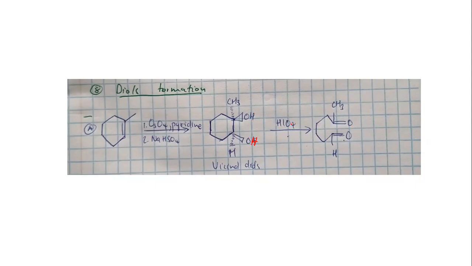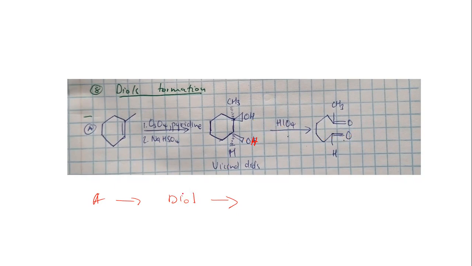So you need to know that if I have an alkene to a diol, what did I use over here? If I used osmium tetraoxide, pyridine, and number 2 NaHSO3, I know that I'm going to form a vicinal diol.